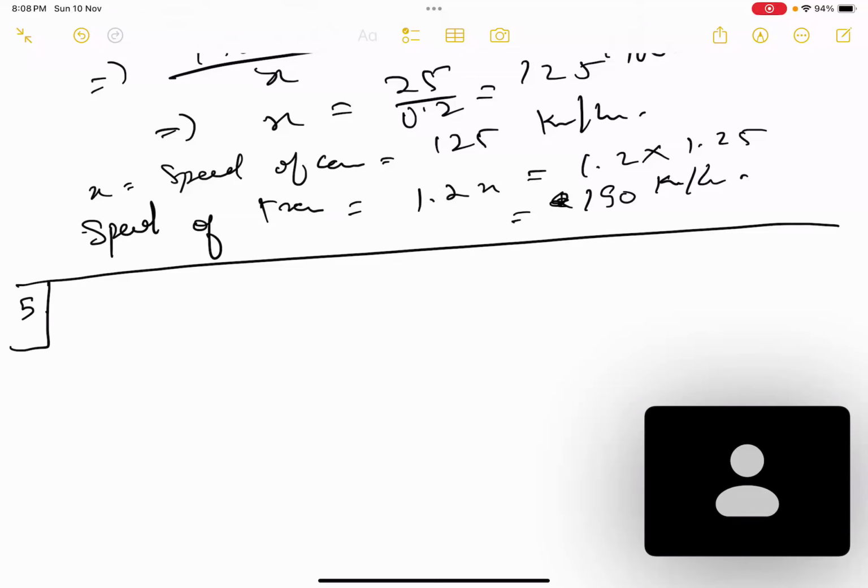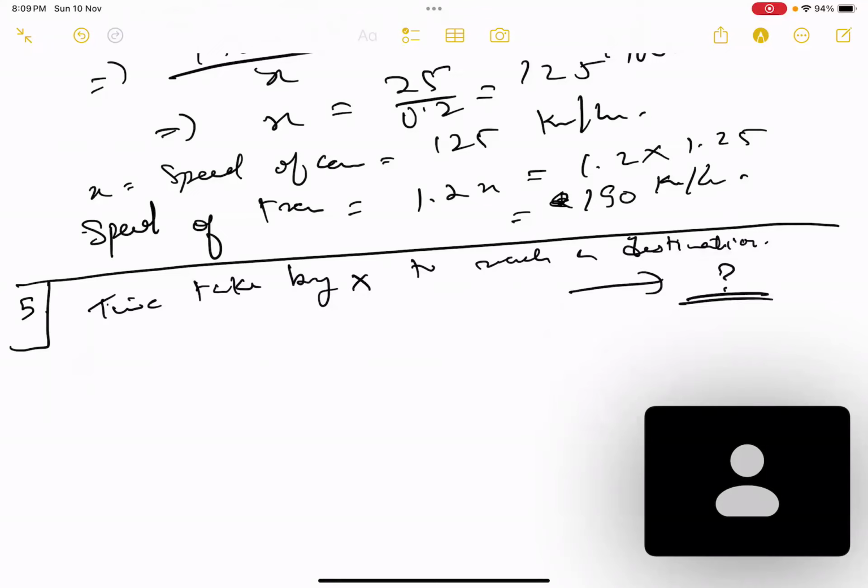Every question will consist of a question. Question number 5, what does it say? We have to find how much time x takes, the time taken by x to reach the destination. Now, in order to find this, they also gave two statements, statement one and statement two.